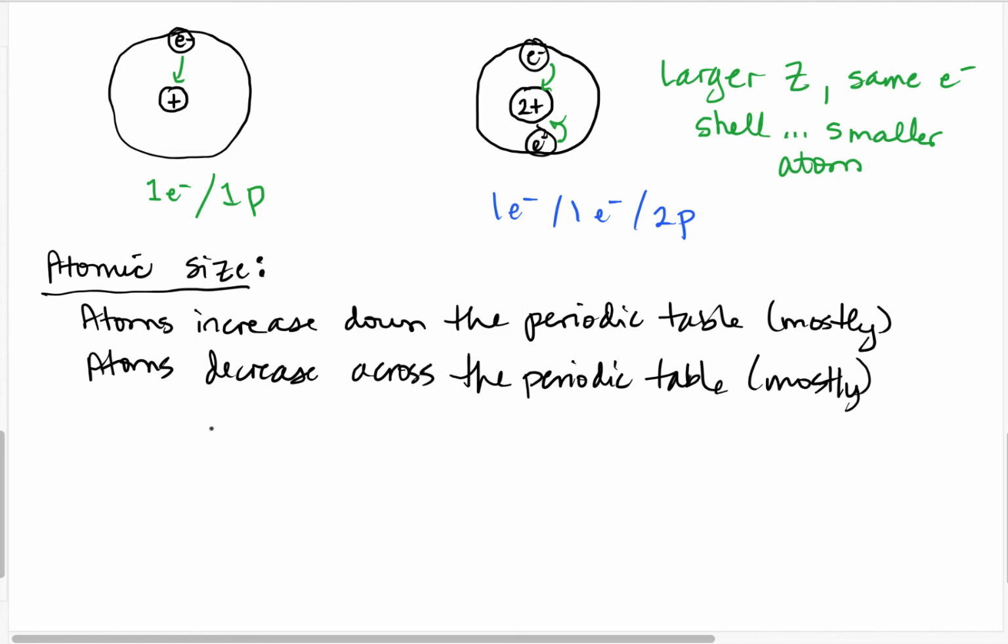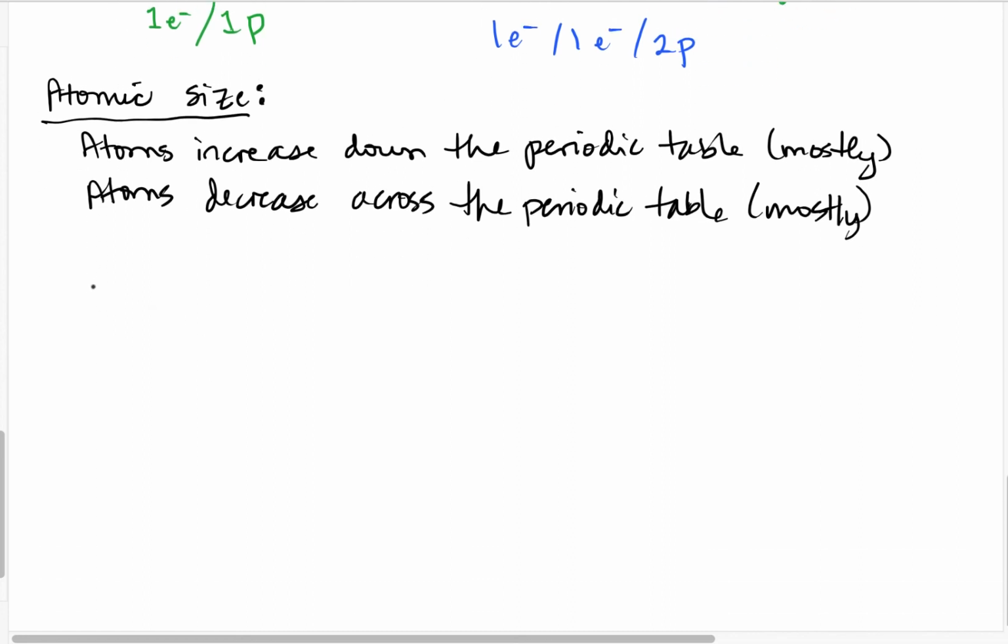So I was just about to tell you why when we go from argon to potassium, our atom size increases so much. And the reason for that is shielding.